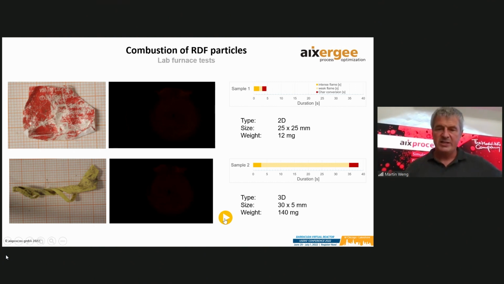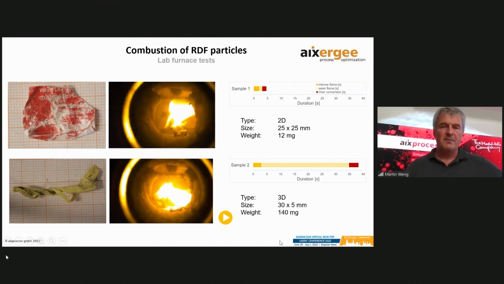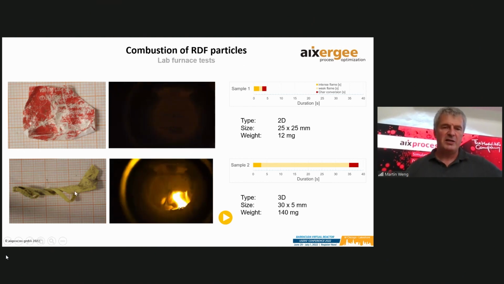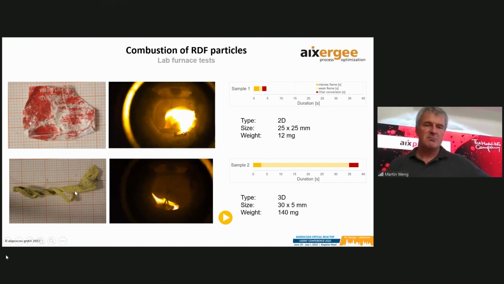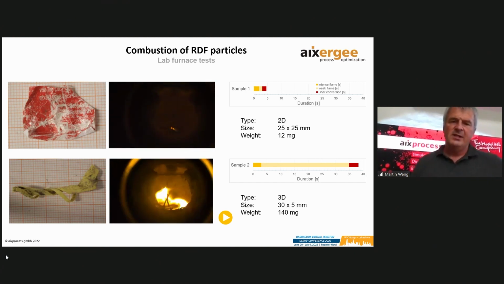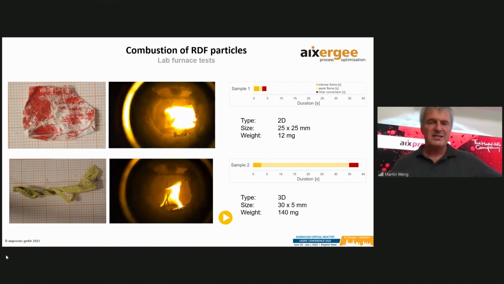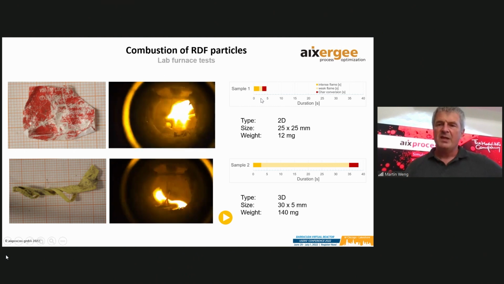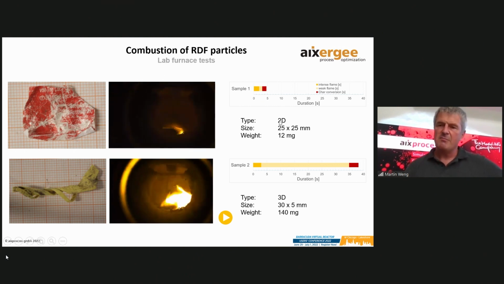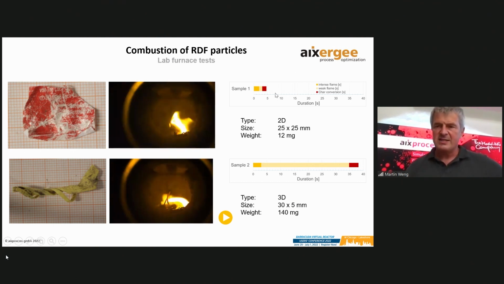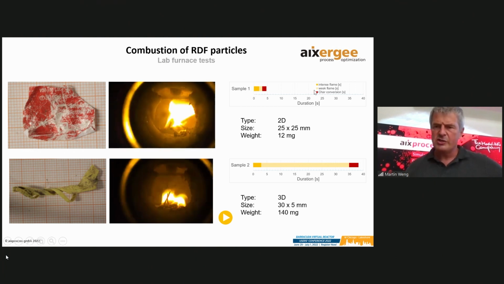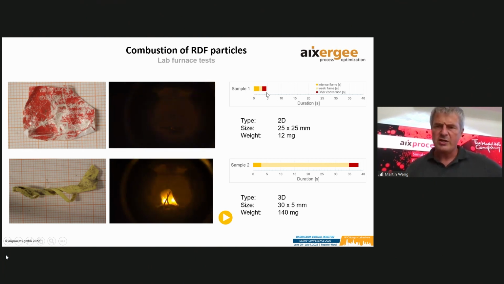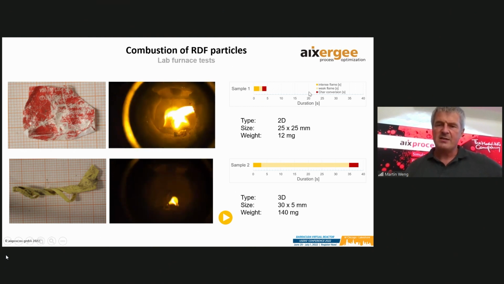So what we did is some combustion trials of different particles, and again we did some categories by hand, and then we found from different samples or sample categories different types, more or less 2D or these 3D fibers, different sizes, and then we could correlate some intense flames in orange, weak flames, and char conversion in red over time.